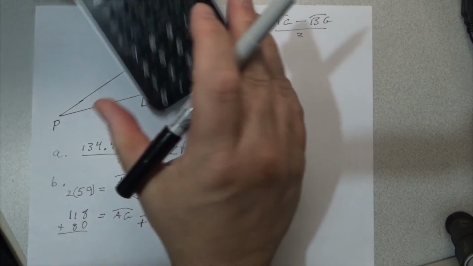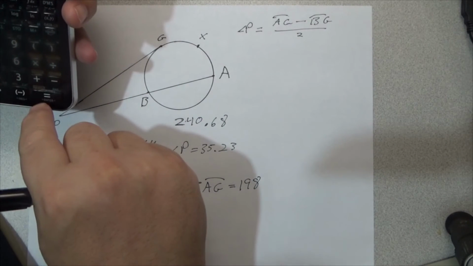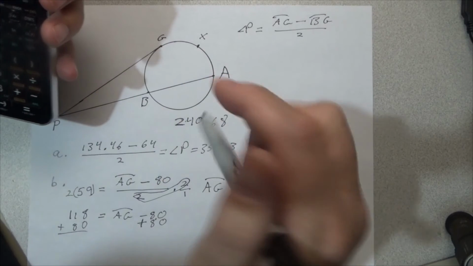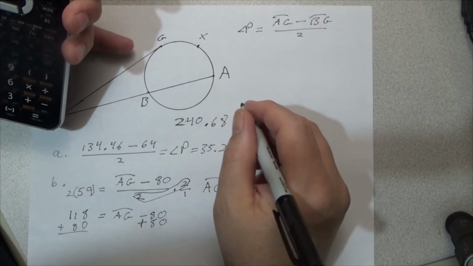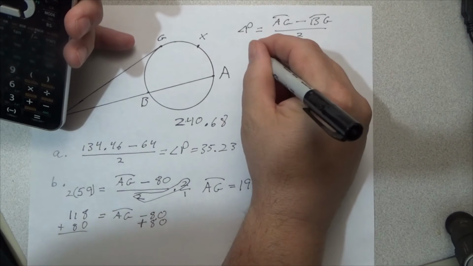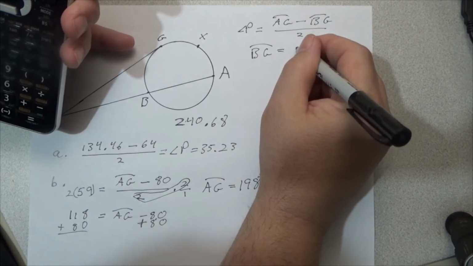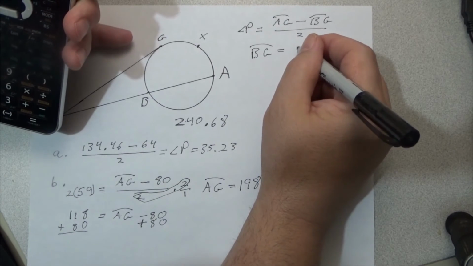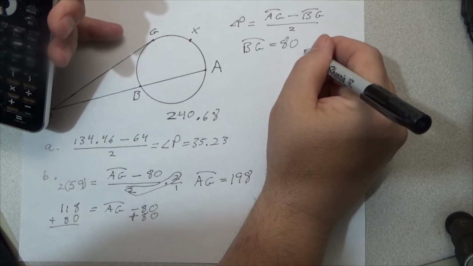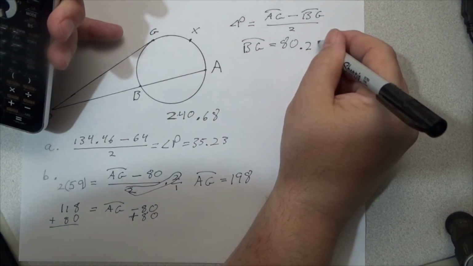So I just take 240.68, it's already in my calculator, divide that by 3, and I get BG arc is equal to, now I'm going to have to round this, 80.23.